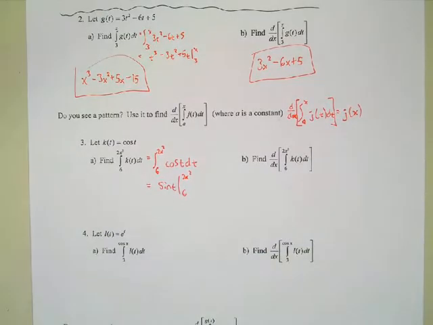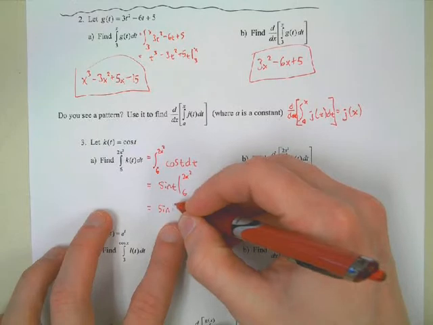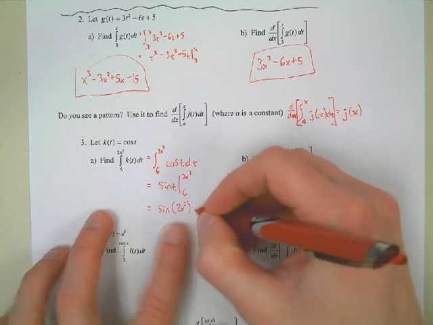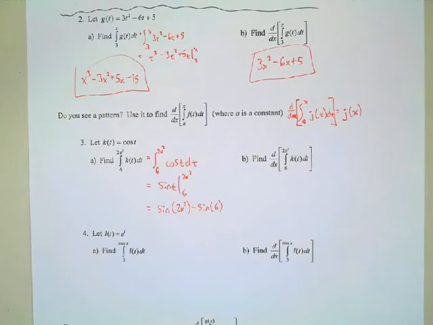The same thing with the evaluation. We'll just have sine of 2x squared minus sine of 6. Can we simplify that any further? We could plug in sine of 6, but it doesn't make it look any nicer. It's still going to be messy. So in other words, no.